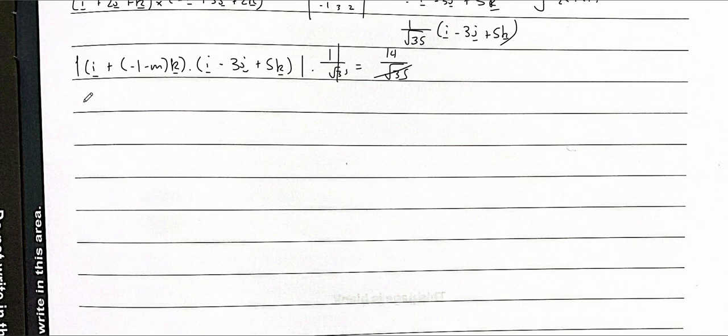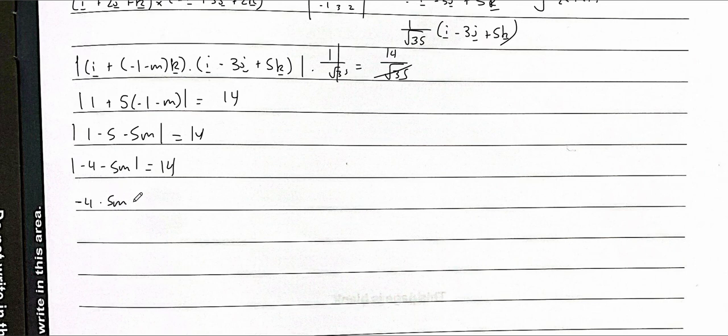So what does that mean? It means that 1 plus 5 times negative 1 minus m is equal to 14. So 1 minus 5 minus 5m, negative 4 minus 5m is equal to 14. And because of the absolute value, negative 4 minus 5m either equals 14 or negative 4 minus 5m is equal to negative 14.